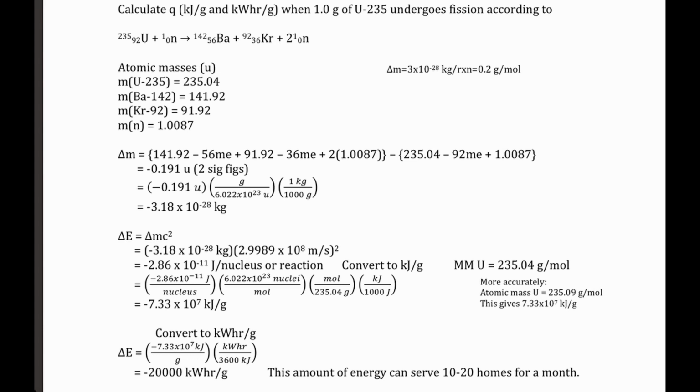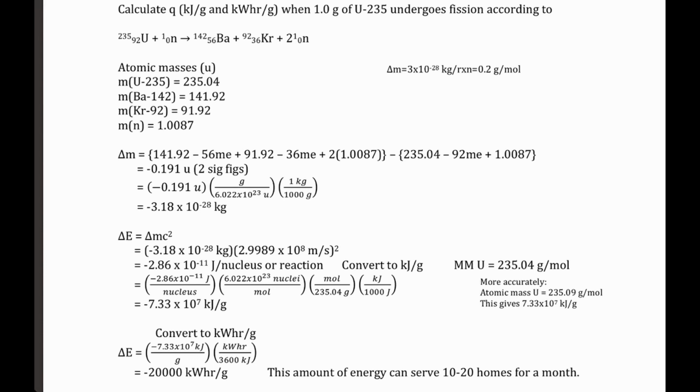So that's taking care of the krypton. That gets it into the nuclear mass. And then we have plus 2 times the mass of the neutron. Okay, so that's all of our products. Then we have minus the atomic mass of the uranium, 235.04, minus 92 times the mass of the electron, and then plus the nuclear mass of the neutron.